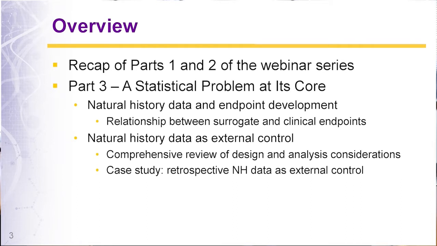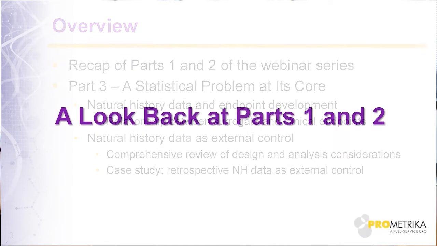And there will be a great deal of focus on natural history data as an external control. There will be a comprehensive review of design and analysis considerations presented by our guest, Dr. Jinma Ran, and a case study of a retrospective natural history data collection that was planned to be used as an external control, and that will be presented by my colleague, Suzanne.